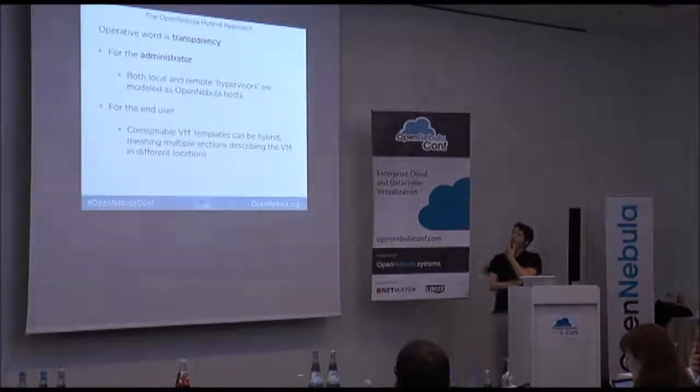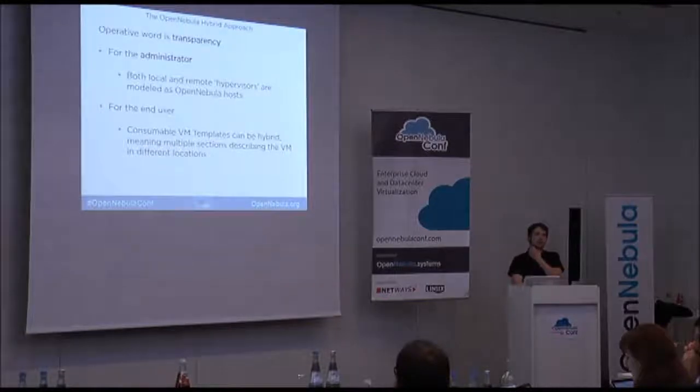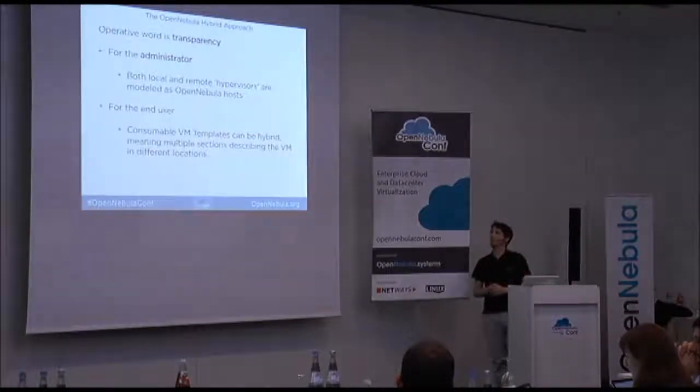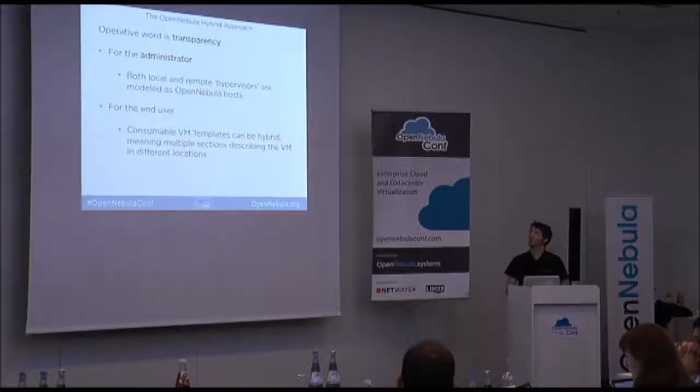And for the end user, the transparency is performed through hybrid VM templates. And what's a hybrid VM template? Well, it's basically a template that describes a virtual machine locally, so the traditional VM template in OpenNebula, where you define the capacity and you define the disks and also the networks. But also you can add sections representing the same virtual machine in different clouds.